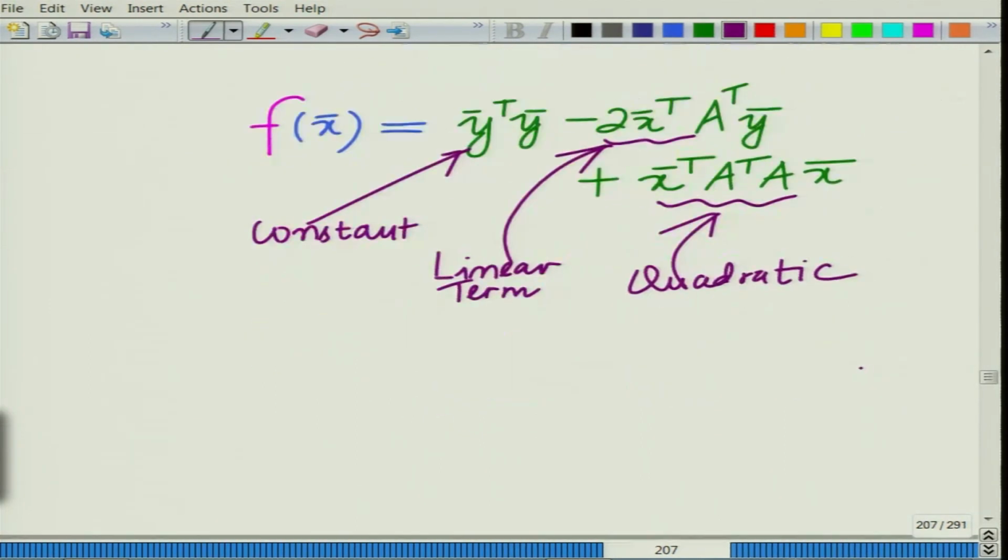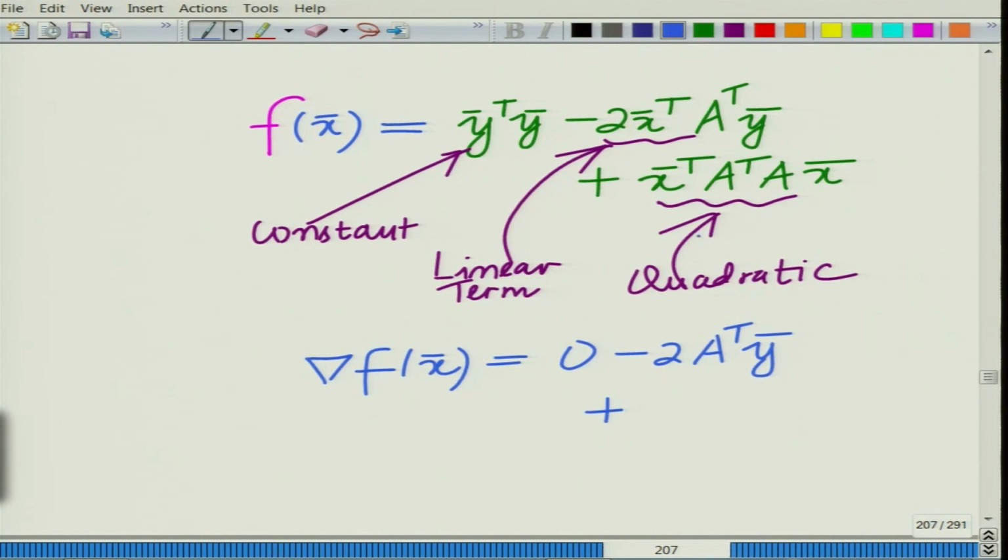Okay. And therefore, if you find the gradient of f of x bar, the constant term gradient will be 0, minus twice x bar transpose c bar, where the gradient c bar is A transpose y bar, plus x bar transpose P x bar, where you can see P is symmetric because A transpose A is equal to its transpose.